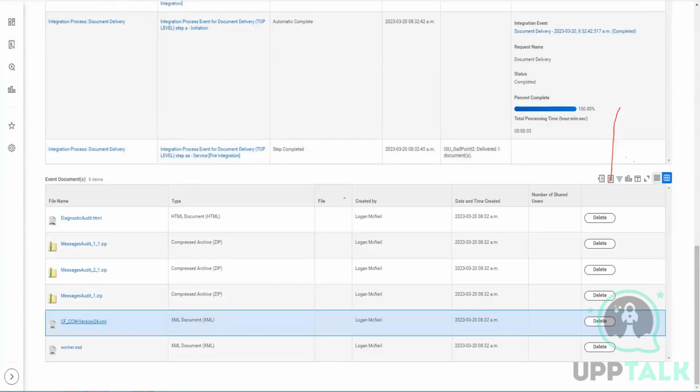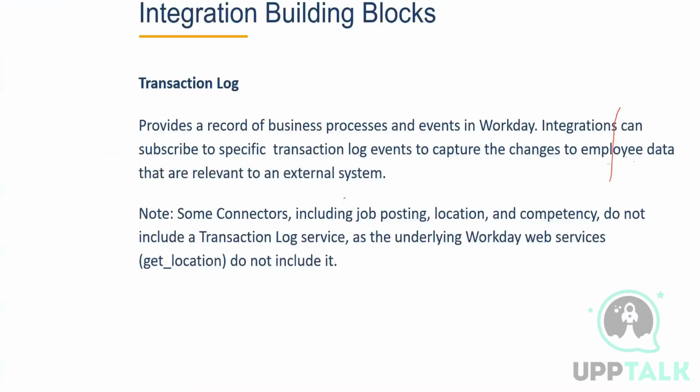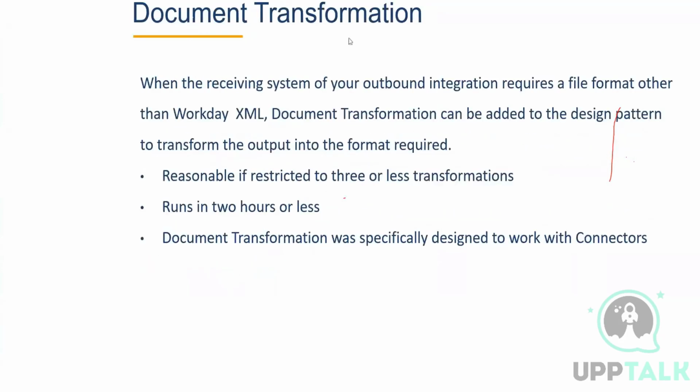Right, so the next part of our integration is document transformation. When the receiving system of your outbound integration requires a file format other than Workday XML, then you need to have a document transformation.